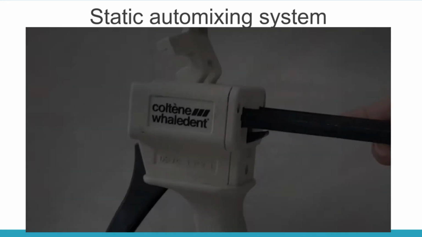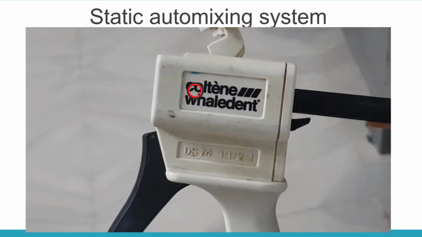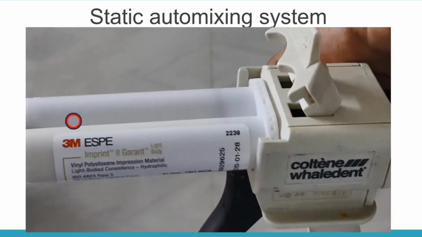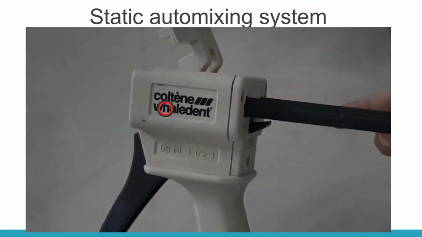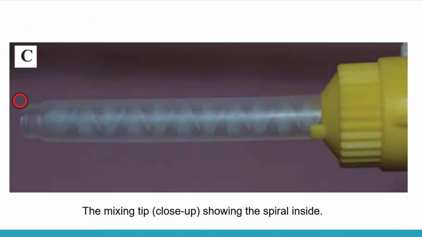Then we have the static auto mixing system. Basically, you can see we have a gun here on the front. We will apply this material. It has two cylinders for two materials, right? And in the front we have this mixing tip.